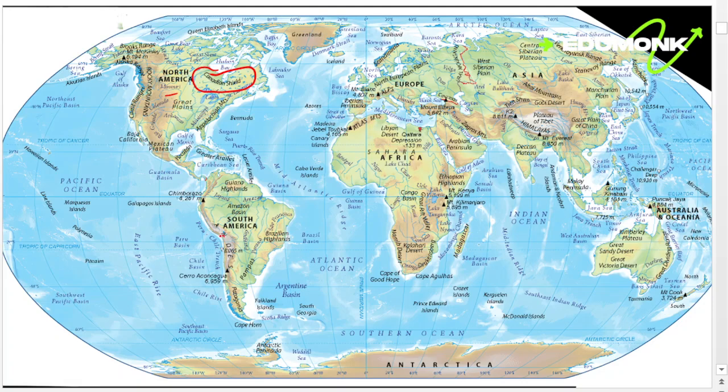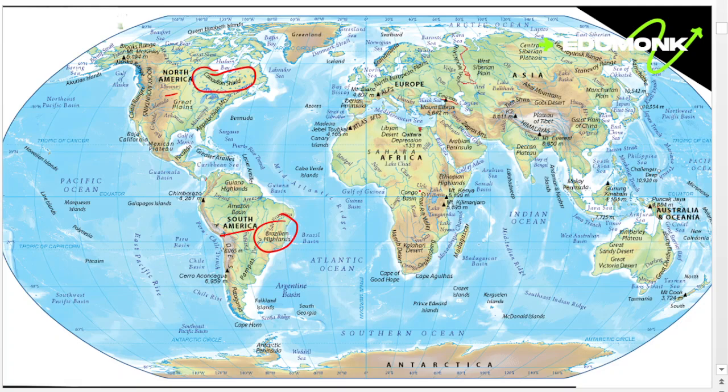Then we look at South America. Here you can see the Brazilian highland. This is the ancient relief feature of South America. Then, looking at Africa, here you can see three types of ancient relief feature.